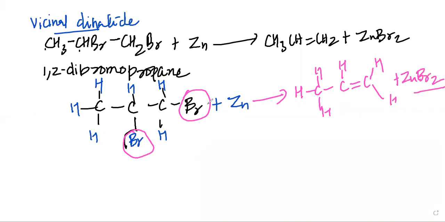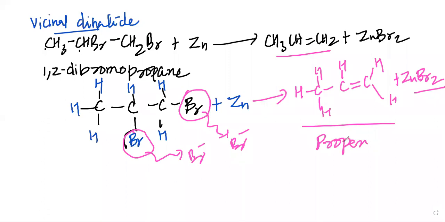That means both these bromines are removed as Br minus, and then they combine with the Zn to give us ZnBr2. And this product that we get is known as propene, or we can call it 1-propene. So this is how, my dear students, we can have this elimination reaction, that is the elimination from vicinal dihalide, and it is used to make the alkene.